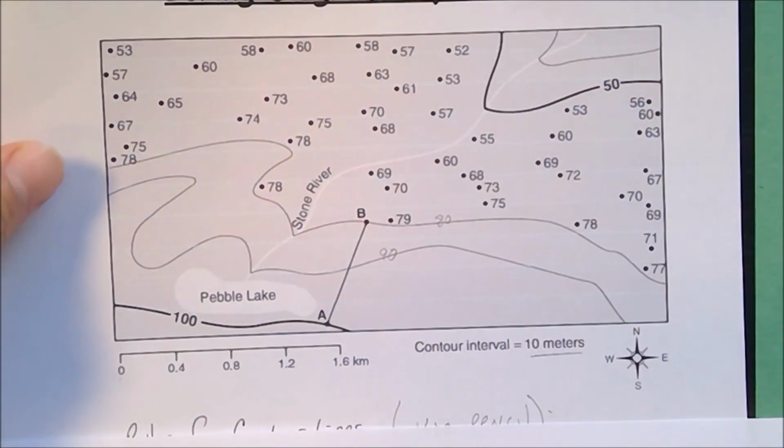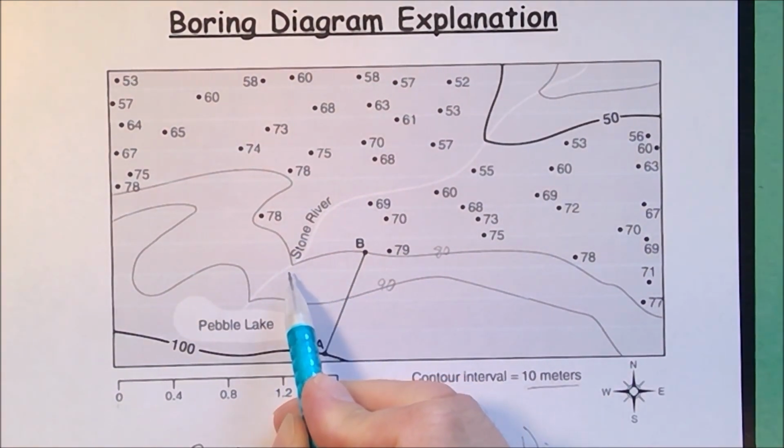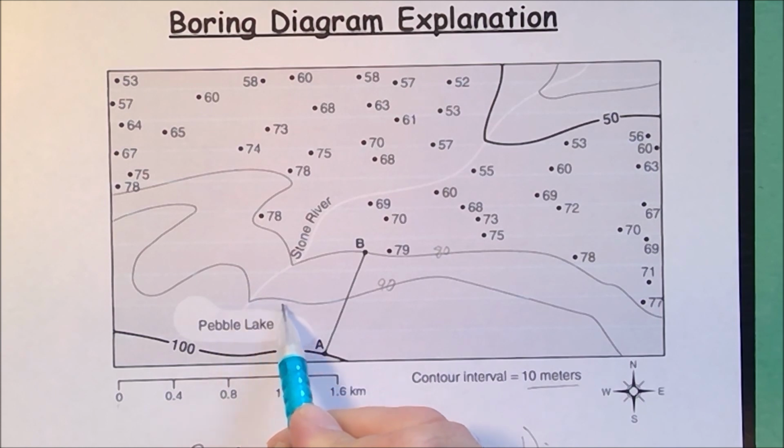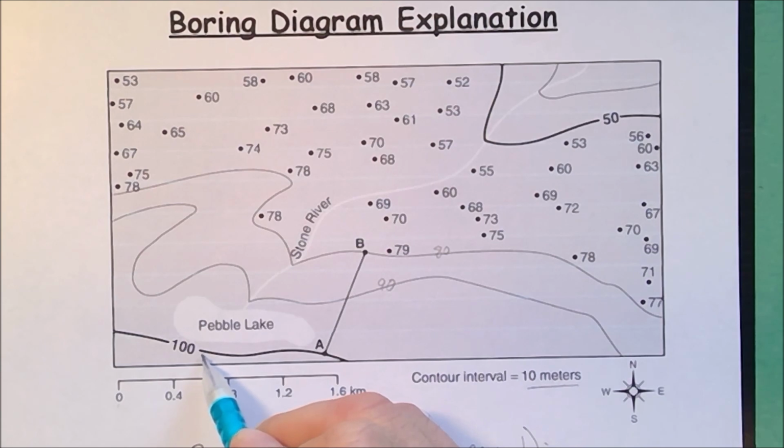You've got Pebble Lake and Stone River, and when contour lines approach a stream, they actually bend. There's a characteristic bend in a contour line, and if you look at this line for 90, the bend is pointing towards Pebble Lake and the 100-meter contour line.